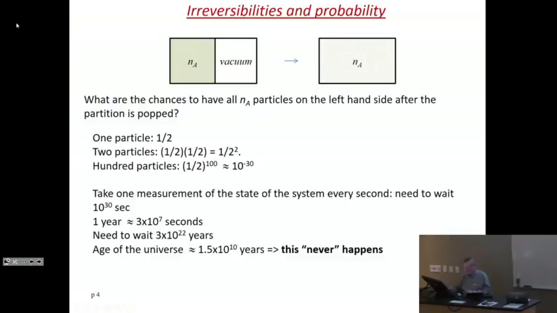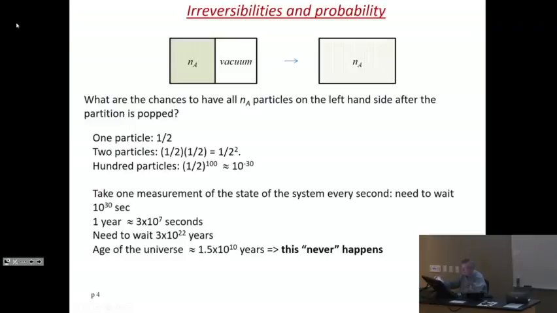What does that mean exactly? It has a statistical meaning. What you're really asking is, what are the chances to have all these N_A particles, starting from this situation, suddenly all end up on one side of the partition? What would the probability be that this transition happens totally by chance?